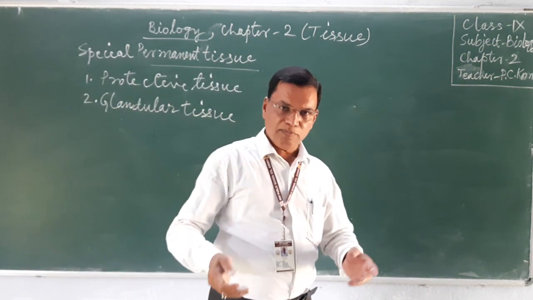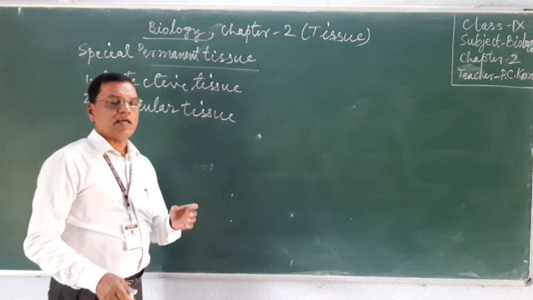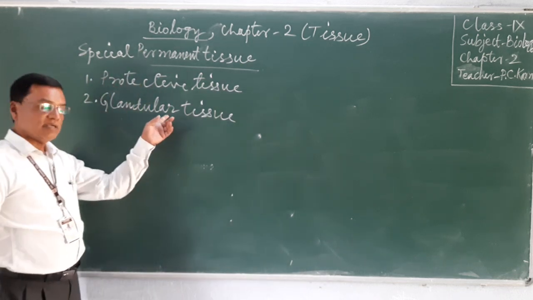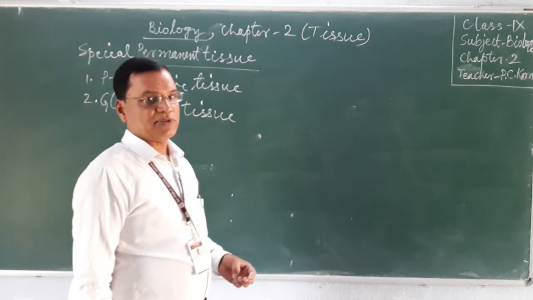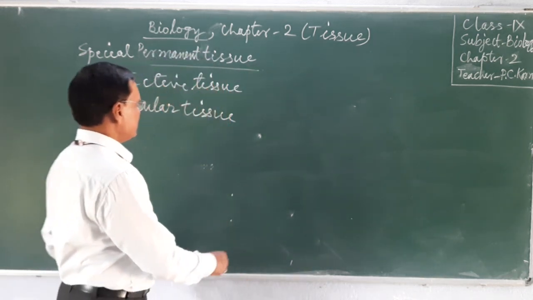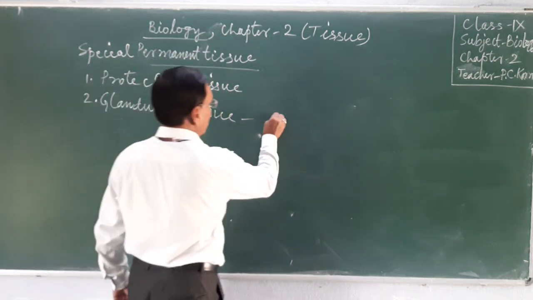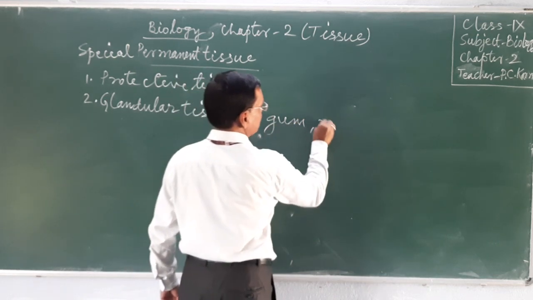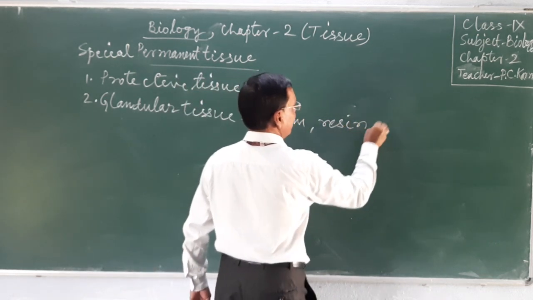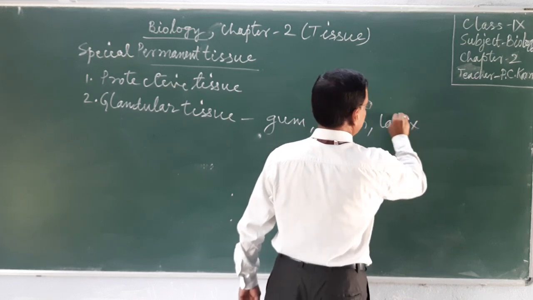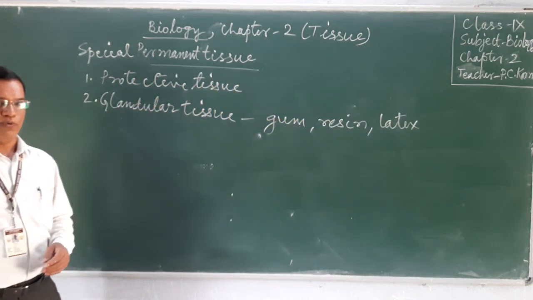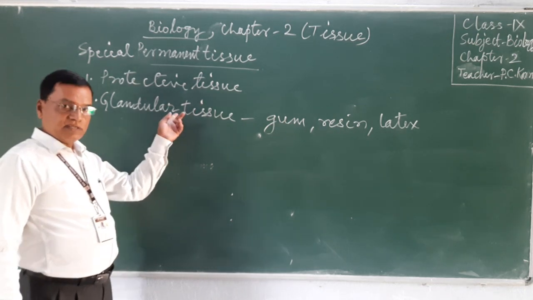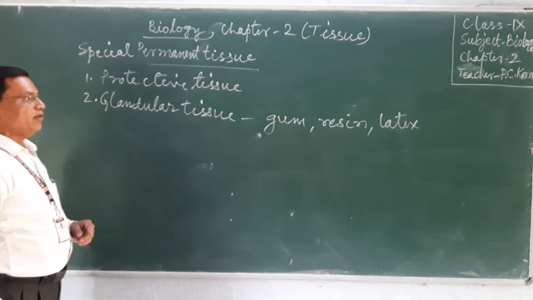Certainly proper glands are not there inside the plants, but they act as glands for releasing certain substances. These substances may be gum, resin, latex. In fact, latex is released from laticiferous tissue. So that laticiferous tissue is also a glandular tissue.